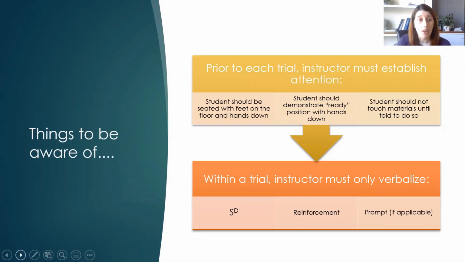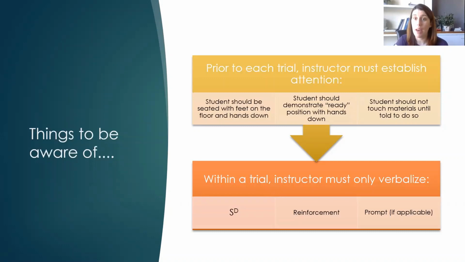Prior to each trial, the instructor must gain and establish attention from the student. The student should be seated with hands and feet on the floor and hands down on the table. They should demonstrate some type of ready position with their hands down, possibly learn to orient to the speaker prior to preparing any academic instruction.